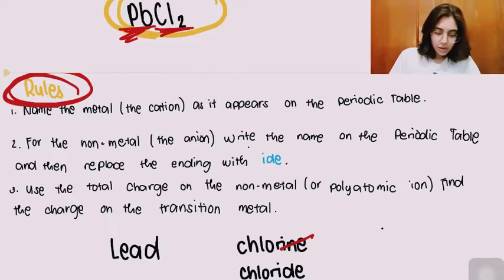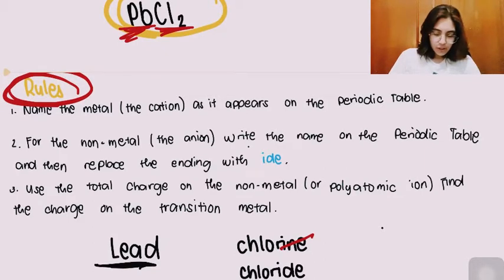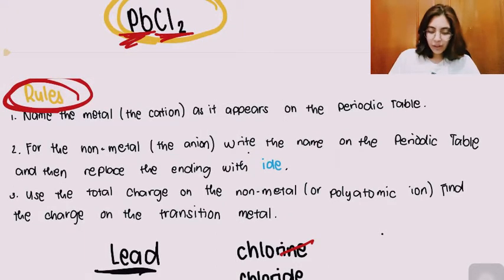So at this point we have lead chloride, but remember we said lead is a transition metal. So because it's a transition metal, we don't know the charge. So we have to look at what it's bonded to. Chlorine always has a 1 minus ion charge, and we have 2 of them. So 2 times 1 minus, that's 2 minus.